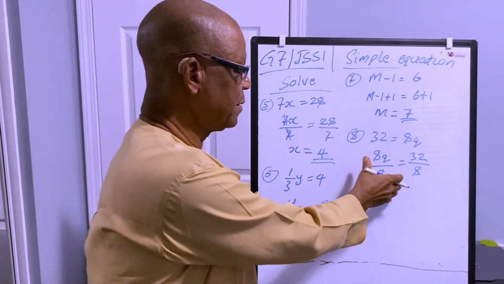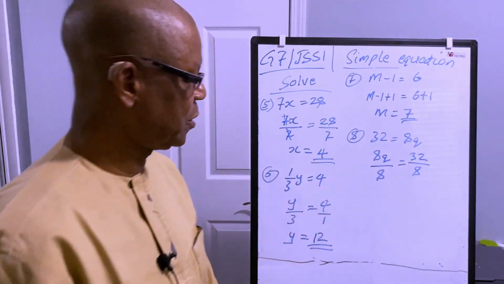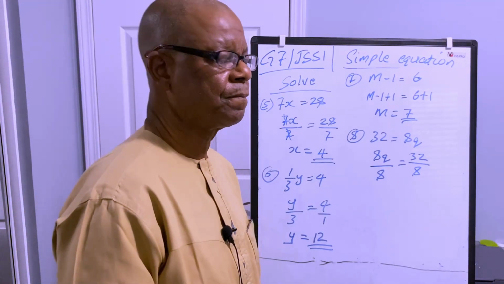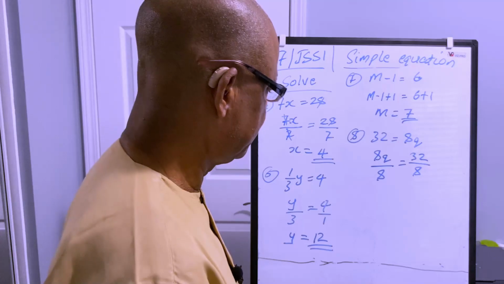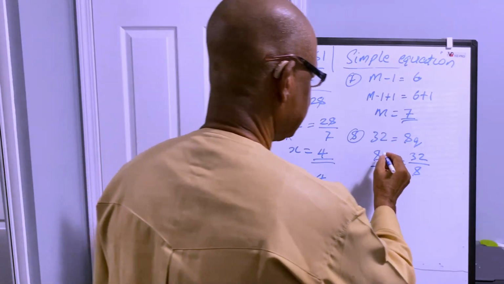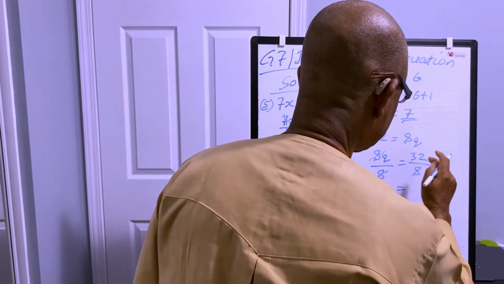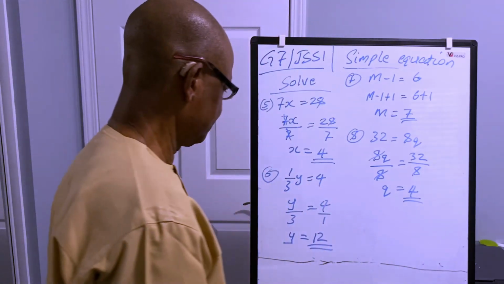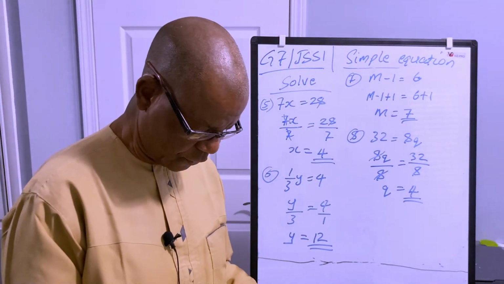If you do anything on one side and don't do it on the other side, then this equality sign will be destroyed. It will no longer be equal. So what you do to the left, you must do to the right. And so the 8 cancels 8, and 32 divided by 8 will give us 4. So we have solved that.